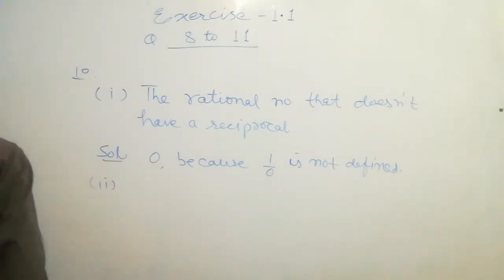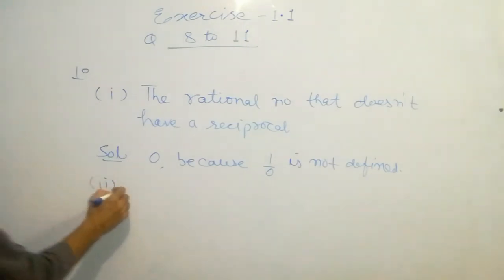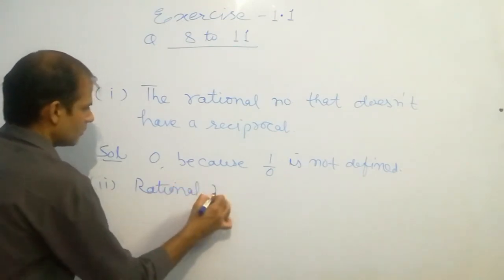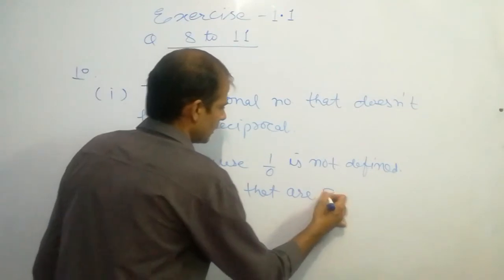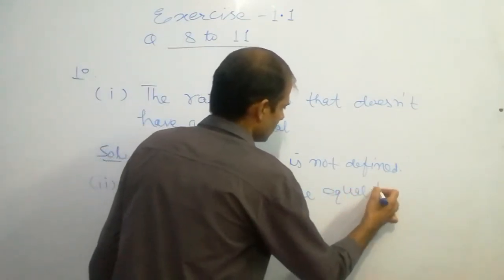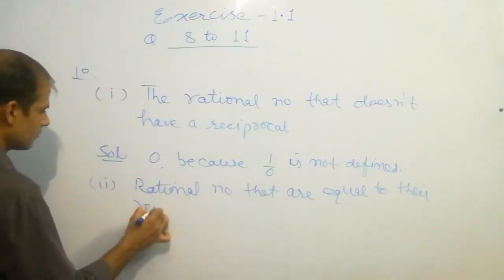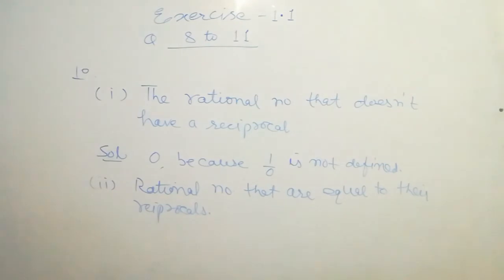And second part is rational numbers that are equal to their reciprocals.